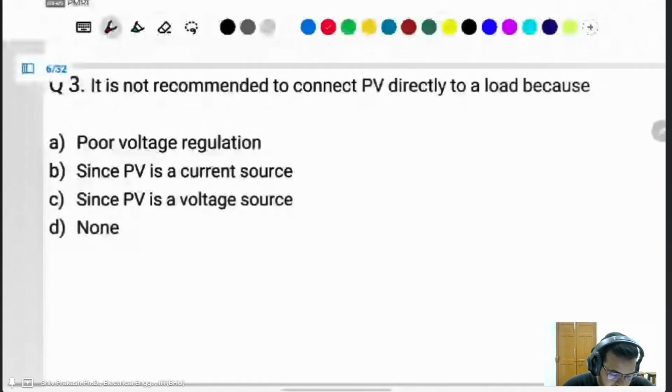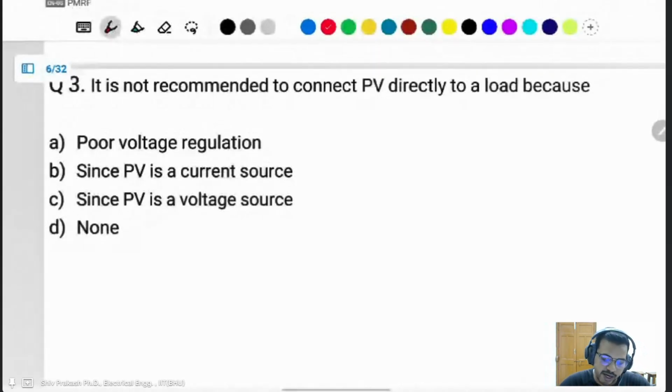Next one: it is not recommended to connect PV directly to the load. Why? If the PV panel is connected directly to the load, then what happens? The options are: poor voltage regulation; since PV is a current source; PV is a voltage source; none of the above.